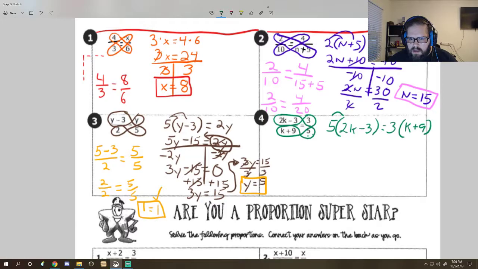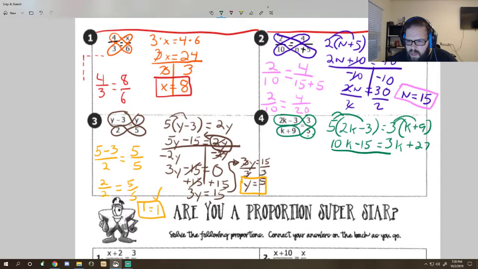So 5 times 2k will give us 10k. 5 times a negative 3 will give us negative 15 equals 3 times k will give us 3k. And then 3 times 9 will give us a positive 27.